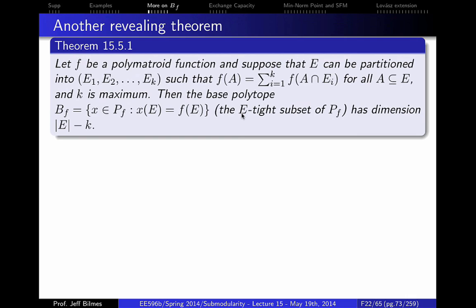Okay, so here's a nice theorem that's very revealing to everybody. It basically tells us the dimensionality of the base polytope. Like we saw in one case, for example in this V structure generalization, the polymatroidal V structure case, we saw that.